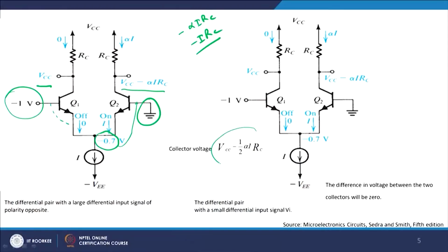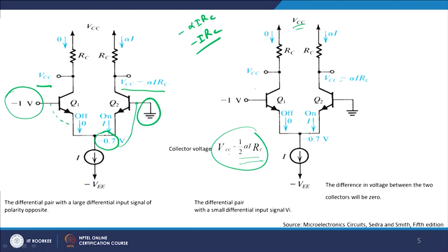It tries to sense the difference between the two signals and then amplify it. That is the reason it is known as a differential amplifier. If you look at the collector voltage, it is VCC minus IC, so it is alpha I by 2 into RC, provided both the devices are on, which gives VCC minus alpha I by 2 into RC.